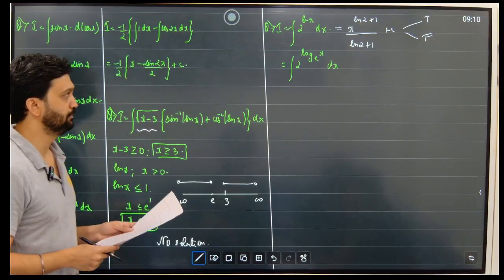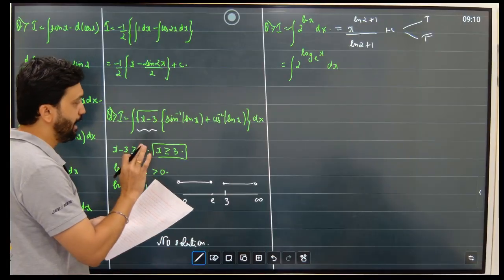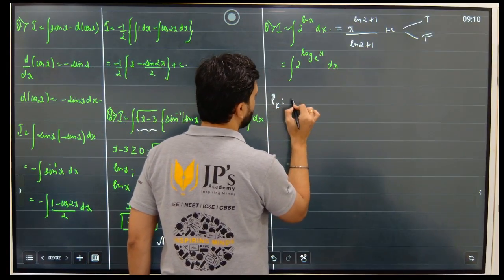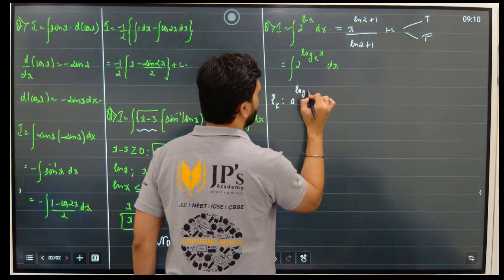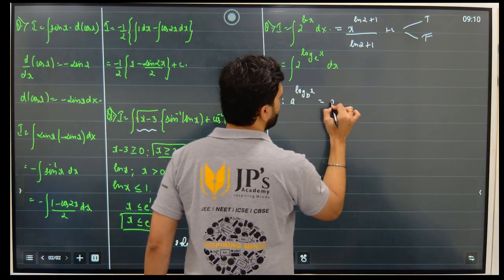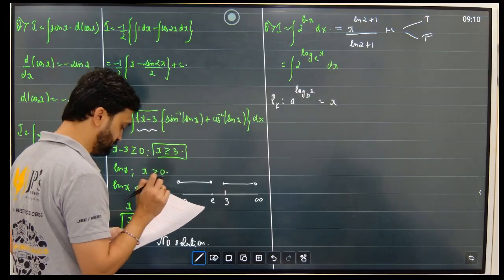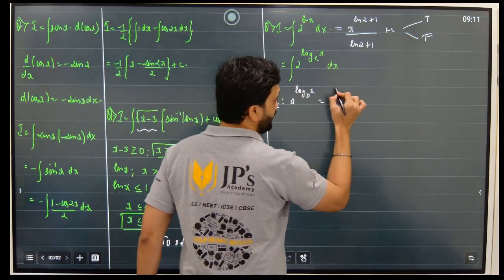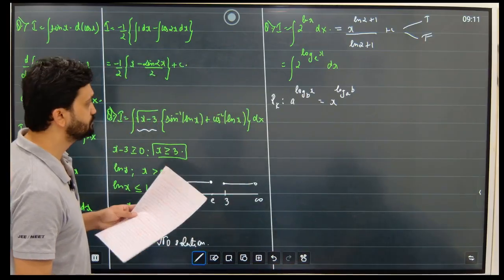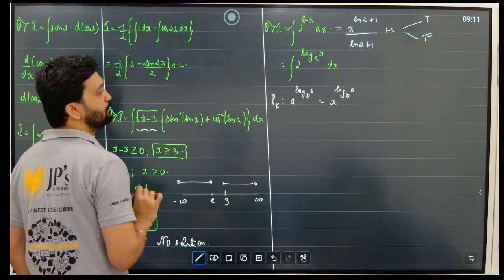So according to the formula, log x to the base e is ln x, which is given to me. See, this is the remark here: a raised to log x to the base b is equal to, remember this, x raised to log a to the base b.